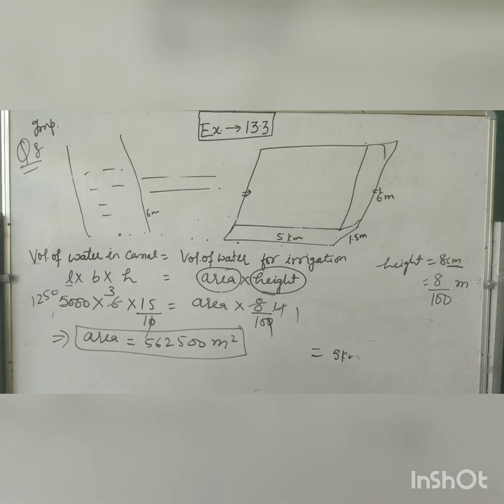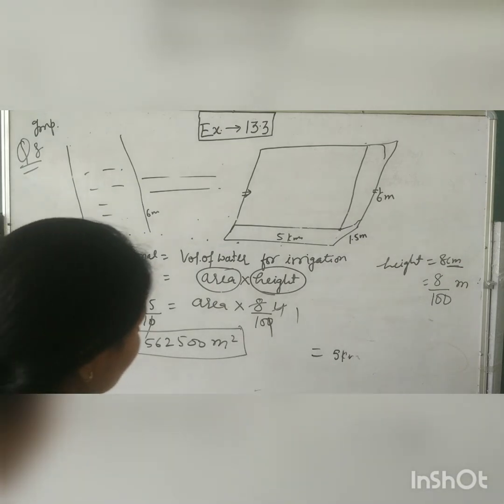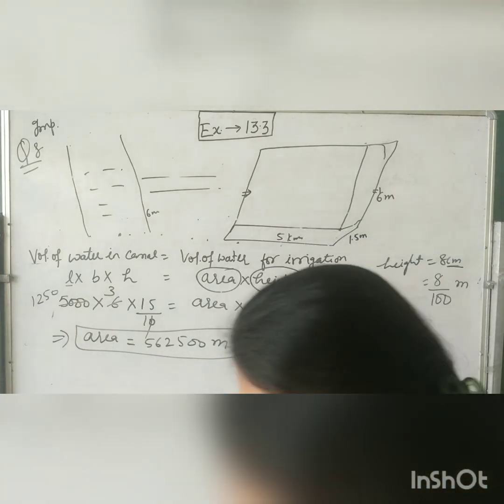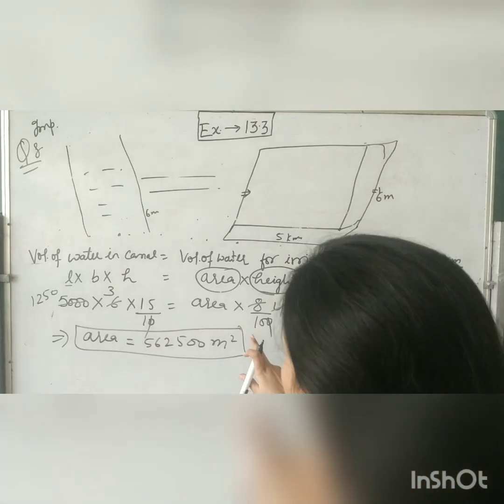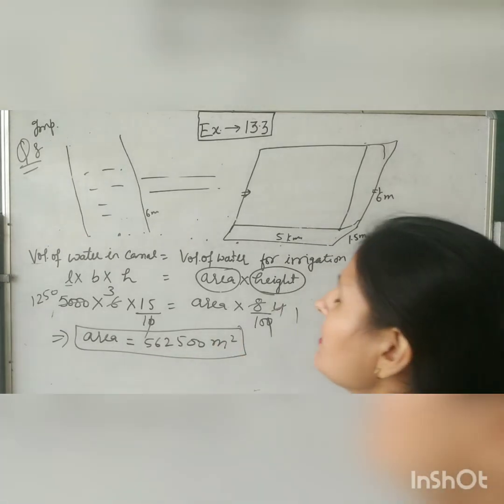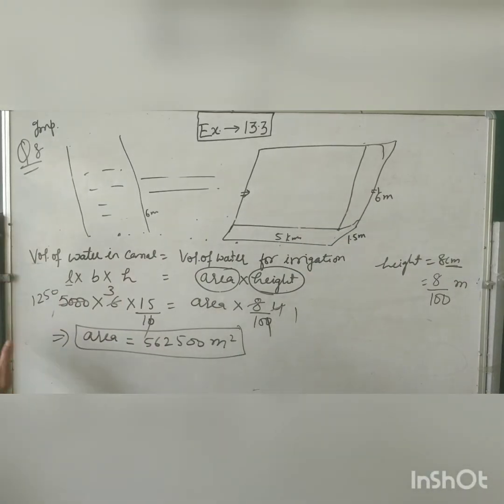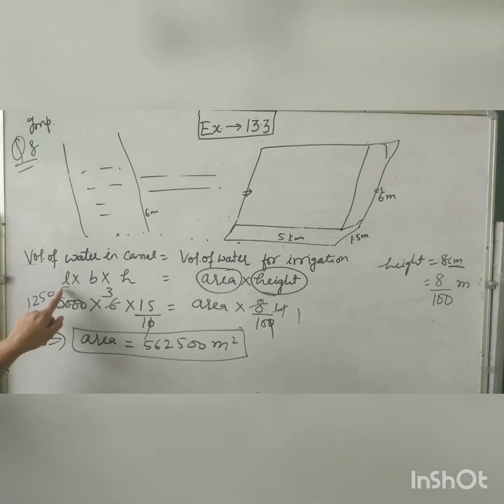Okay. Now it is clear that we have to find area, and area is equal to this. In this question you have to remember that you have to find length using speed and time.